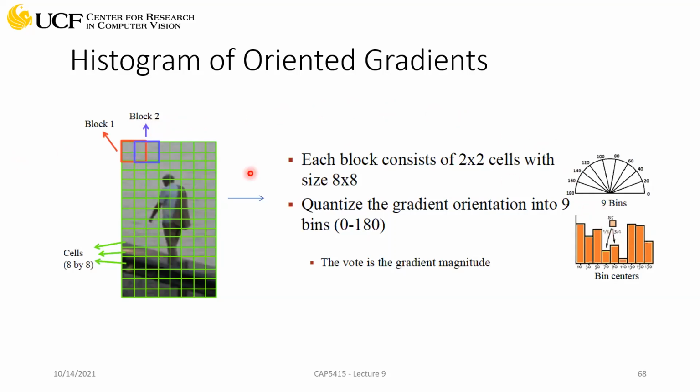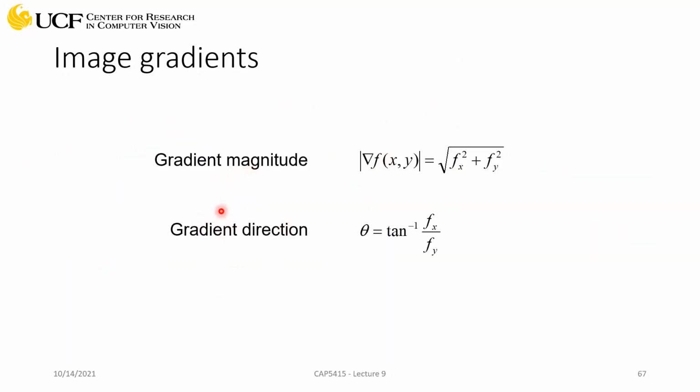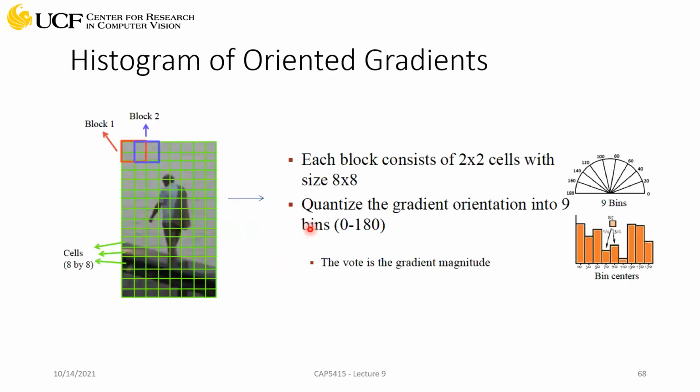Now you have computed the gradients, right? These gradients are for each location. So if you have 64 different pixels in a cell, you will have 64 different orientations. Now, you can create bins for those orientations. Let's say you are computing the orientation between 0 and 180.